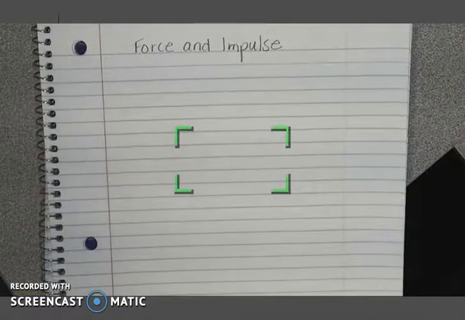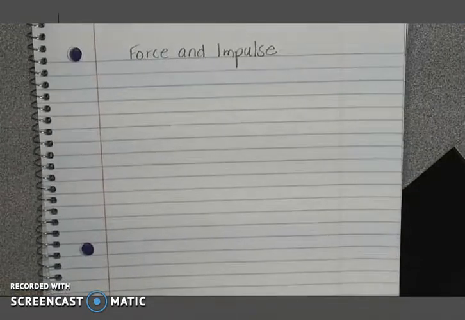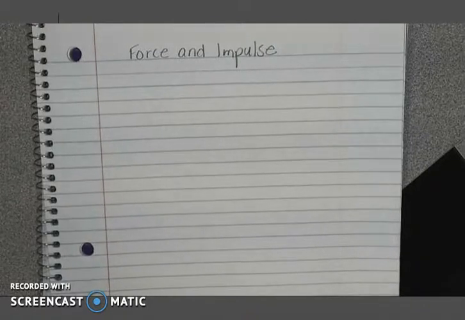All right, so I guess there's a couple of different ways you can approach this, and one of them is to look at what force is exerted on something in a collision, because that's important.